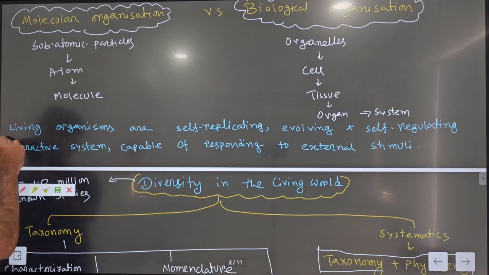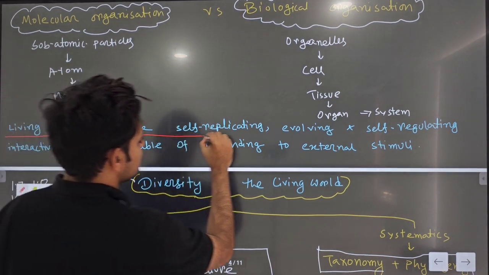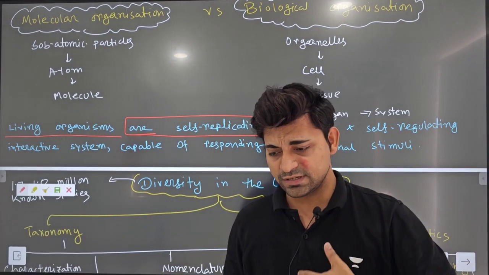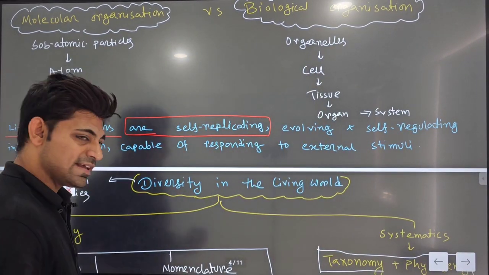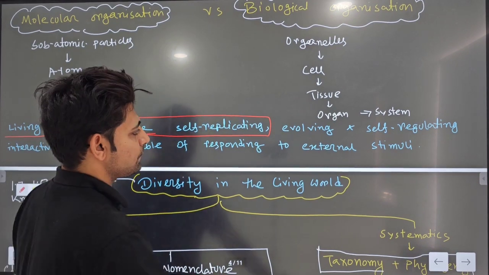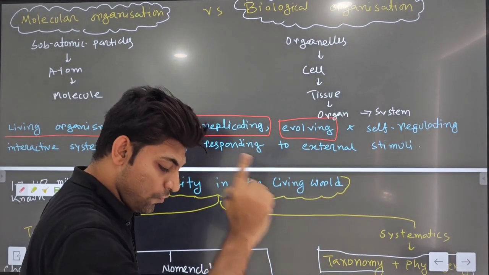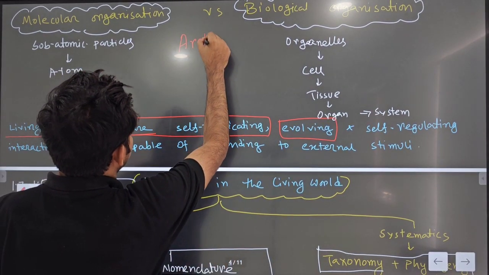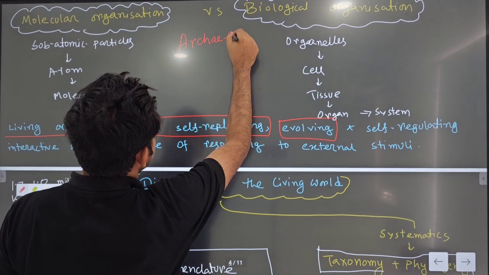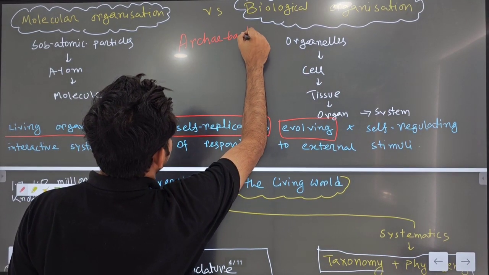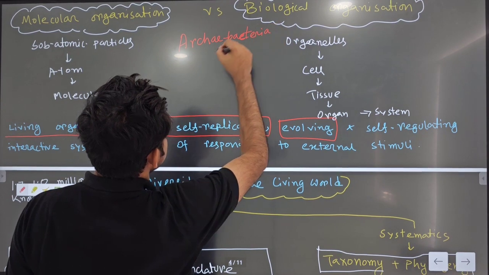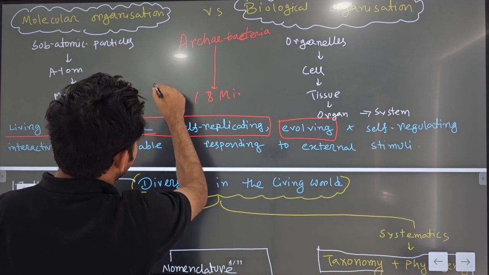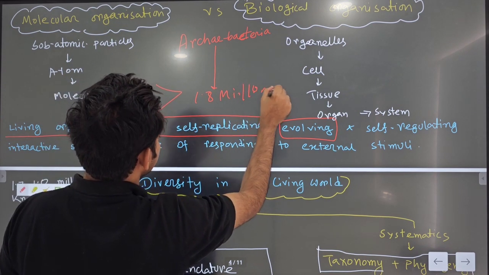And what is that? Living organisms are self-replicating. Living organisms can produce their own kind. Our cells are also self-replicating. Evolving: there is evolution from time to time. There was a time when there were only archaebacteria, heterotrophic archaebacteria, the first living cell. From these, now more than 1.8 million types of living organisms exist.